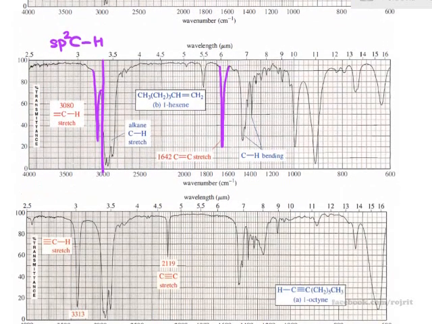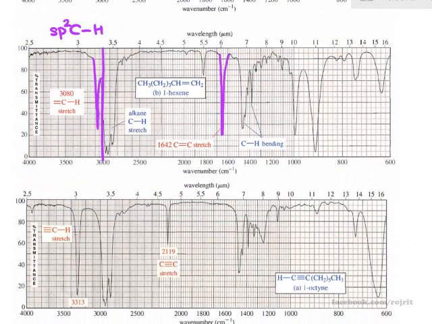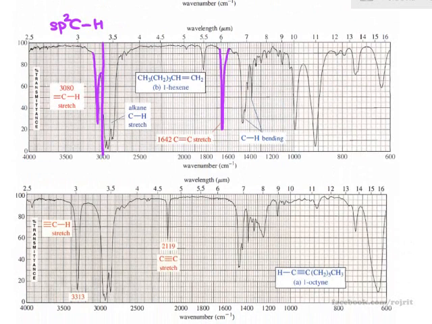Next, this is the alkyne. With the stronger C-H bonding, the stretching frequency is higher compared with alkane and alkene. First of all, mark 3000, and you can see that this is far beyond 3000, appearing at 3300. This is the characteristic of the sp carbon with hydrogen atom.